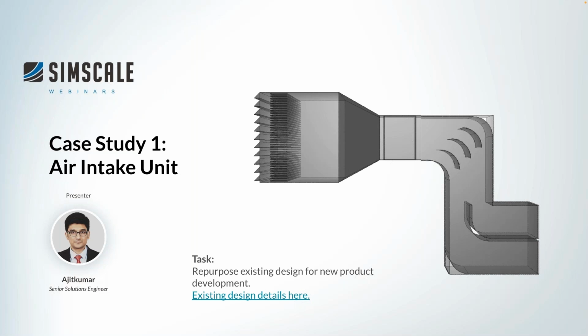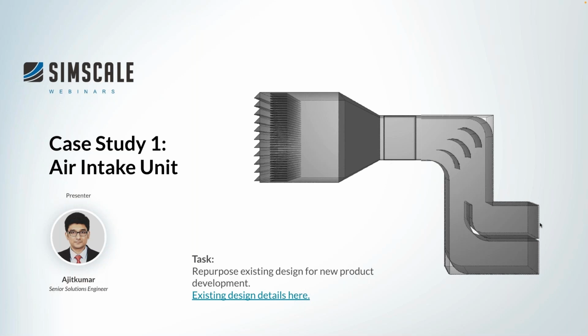This is one such example where the base case has a single input filter, and then at the outlet, we have a single outlet. That's in the existing design. The task here is to repurpose this base model and make it suitable for multiple outlets. In this case, we're going to split it out with two outlets, which is going to be connected to two smaller turbines in the end, right?